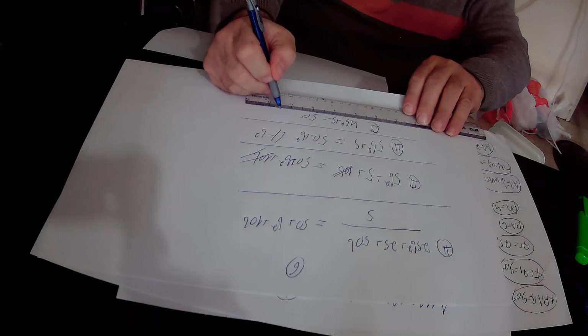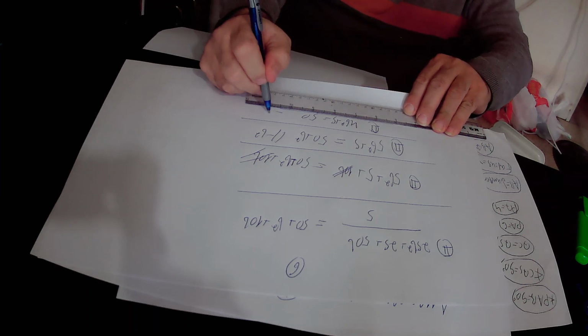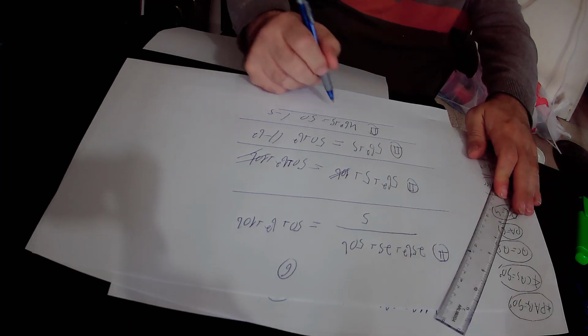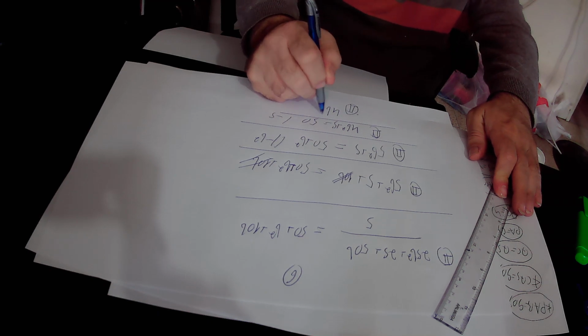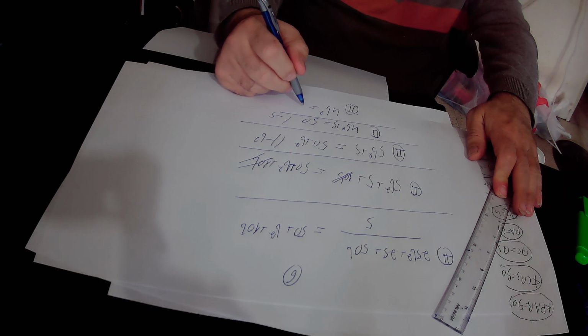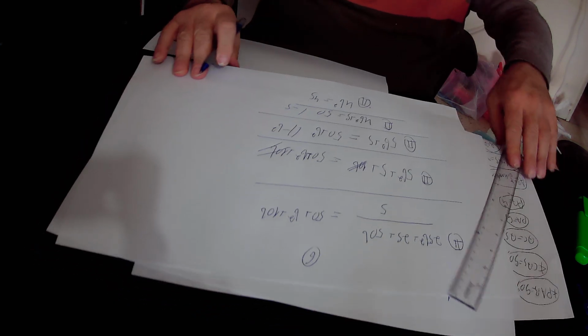So here we subtract 5 from equation number 2, and we get that according to equation number 2, 4b squared equals 50 minus 5, which is 45. So 4b squared equals 45.